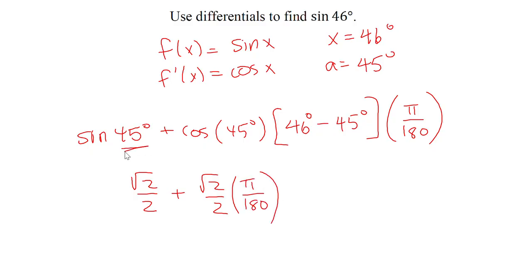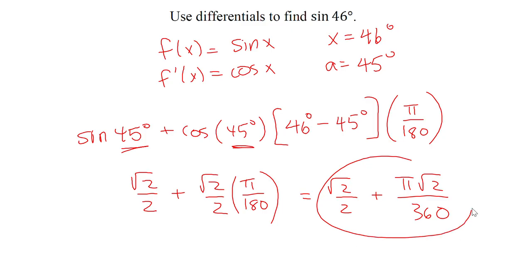Right? And we don't have to convert these because we're using a trig function to evaluate. If I say the sine of pi over 4 or the sine of 45 degrees, that's the exact same thing. And so this just ends up being root 2 over 2 plus pi root 2 over 360.